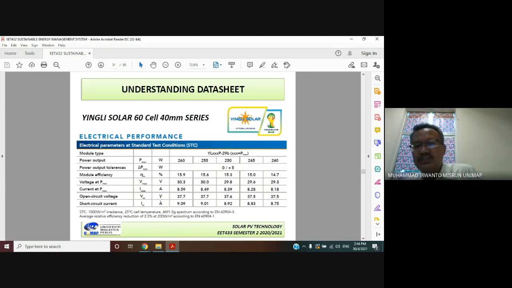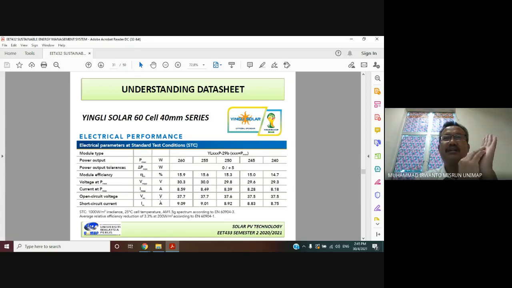Okay, now we want to discuss the datasheet. A general datasheet can be obtained from the back of the PV module, generally giving only the maximum power, open circuit voltage, and short circuit current.